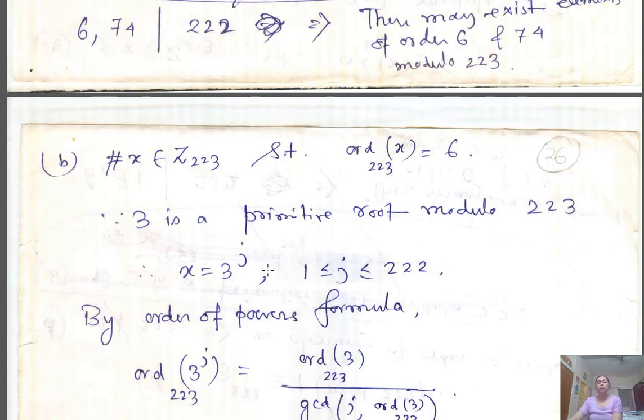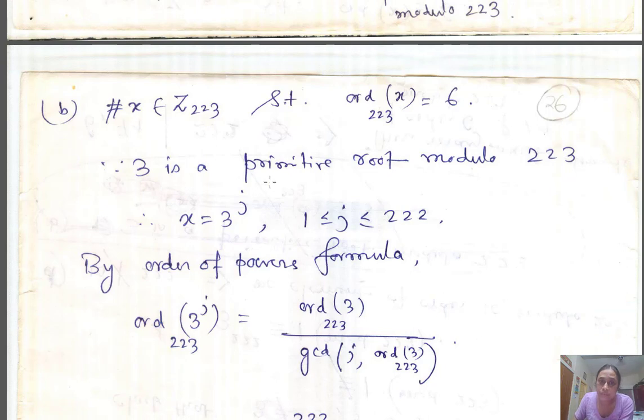We are going to apply the order of power formula. Since we have already observed 3 is a primitive root modulo 223, x can be written as 3 to the power j, where j lies between 1 and 222.